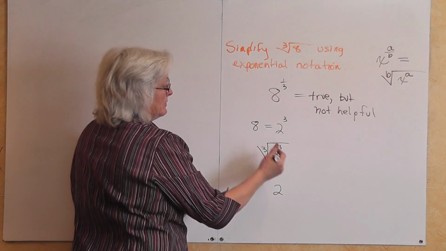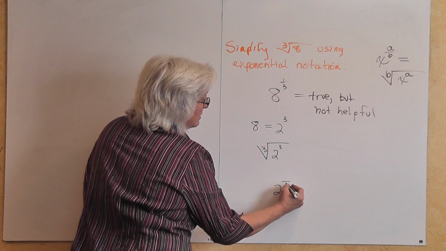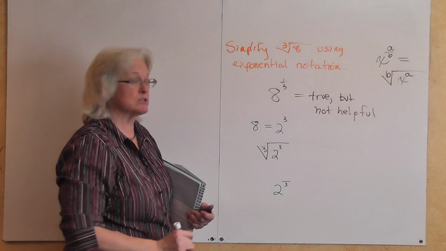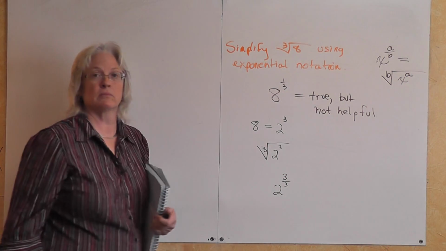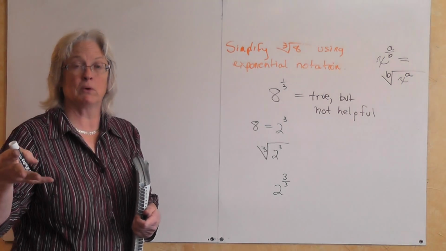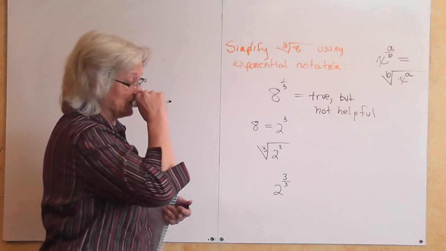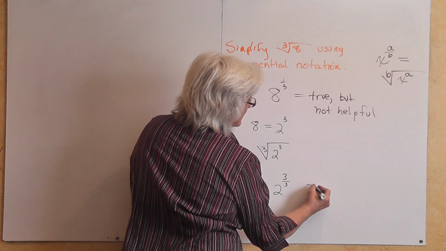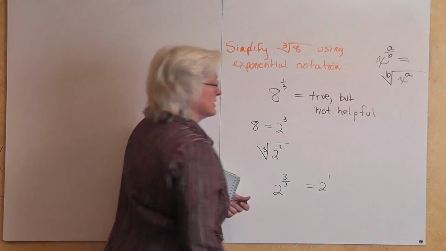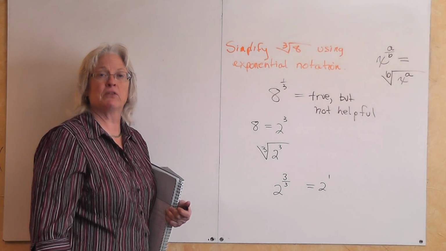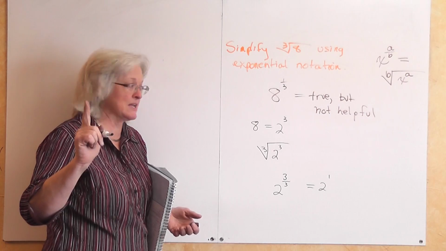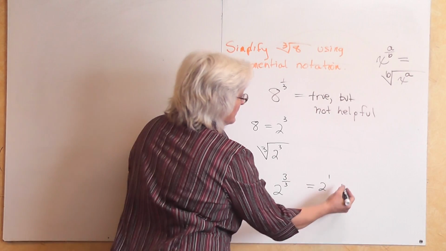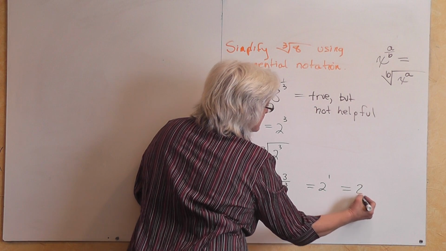Well, the denominator is a 3. The numerator is also a 3, so we have 2 to the 3 over 3. Well, we always simplify fractions, don't we? What's 3 divided by 3? So that's the same as 2 to the first, isn't it? 3 divided by 3 is 1, and we don't ever write an exponent of 1. We understand that 2 to the first is the same as 2.